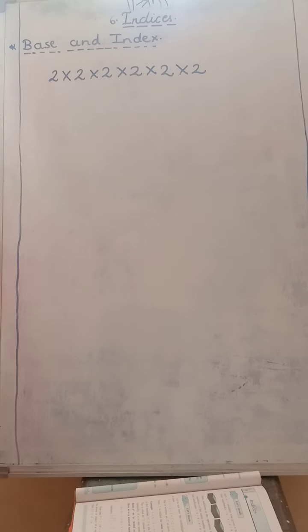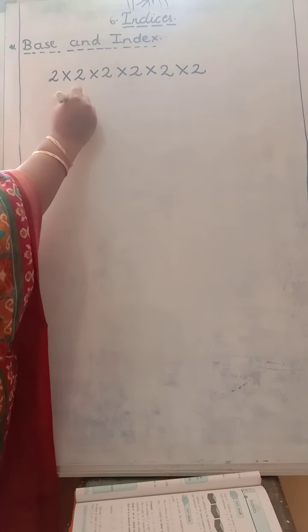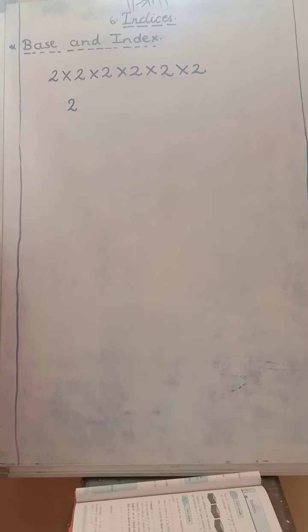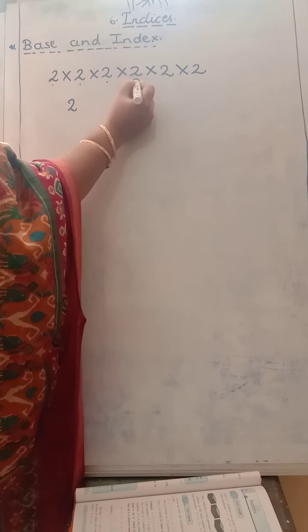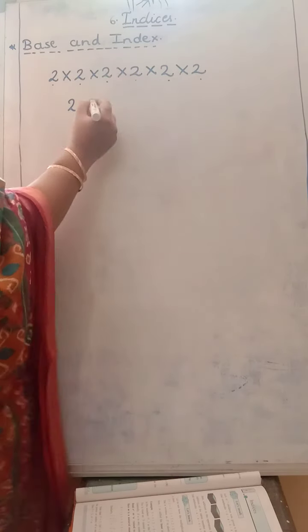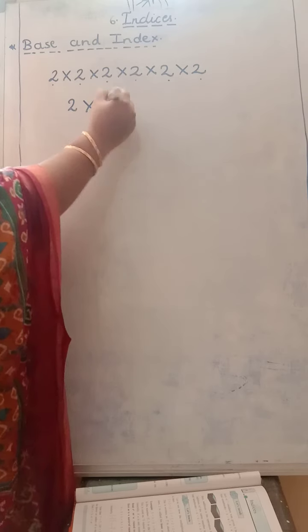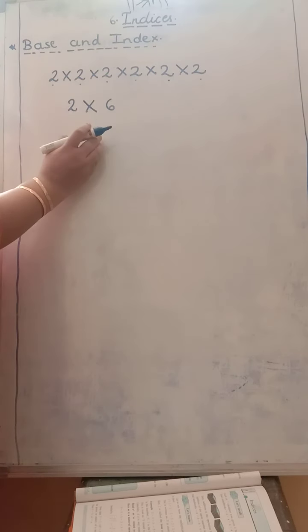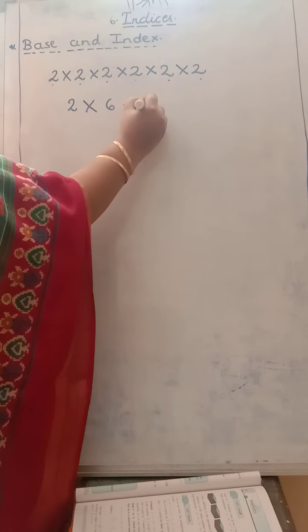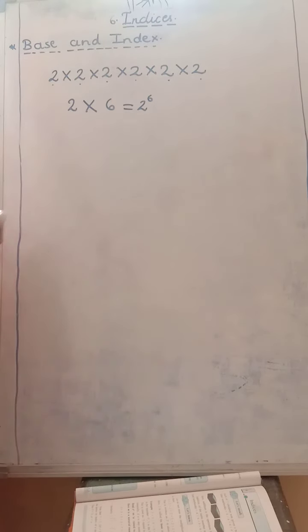Now here what is multiplied? Which number is multiplied? 2. 2 is multiplied by itself only. How many times? 1, 2, 3, 4, 5, 6. So are we multiplying 2 by itself 6 times? Yes. So the simple way or the short way to write this is in this way.